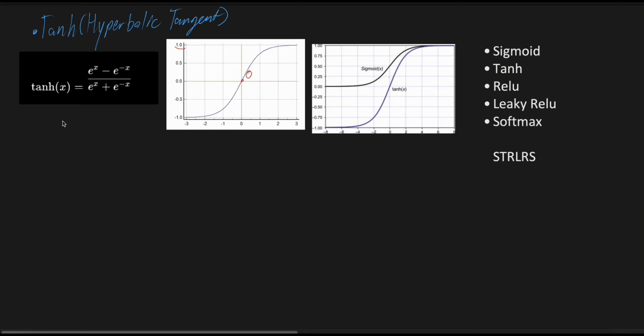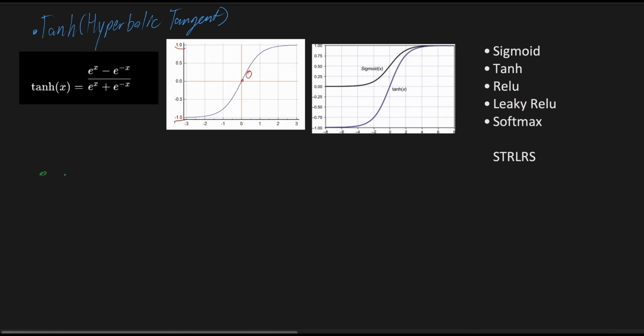Now to go over the hyperbolic tangent function, the hyperbolic tangent function outputs values in a range from -1 to 1, as we see over here, making it zero-centered, which can help with the convergence during the training of neural networks, which means reducing the chances of error between the different outputs during the training process.